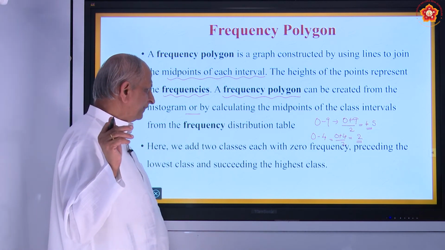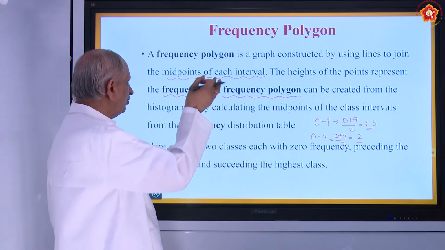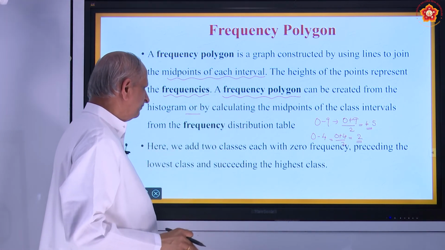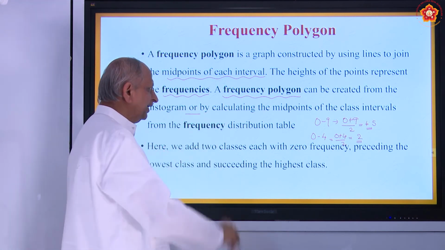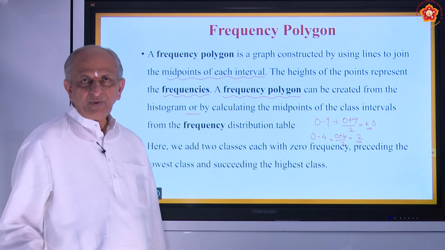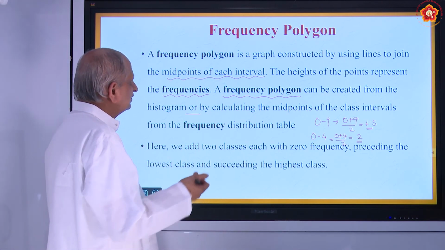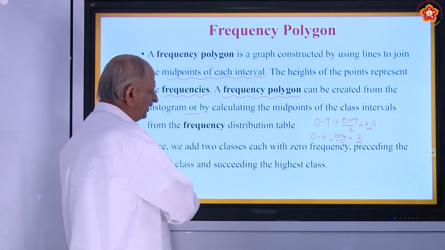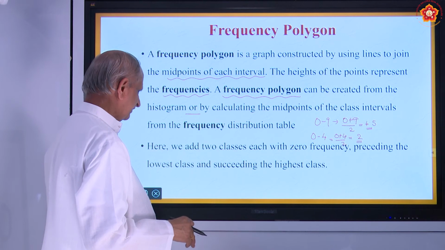They will have what are called vertices. So if you bring it in a graph like this, it will be called a frequency polygon, because we are taking frequencies, the class intervals on the x-axis, and frequencies on the y-axis.